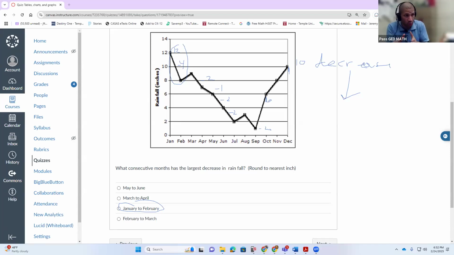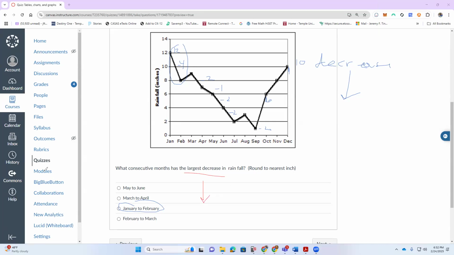The median, you had to go to the amount of each rainfall for each month, put them in order, and then find the middle. And then this one it's very important. What's the largest decrease? Decrease is going down. Increase means to go up. It's not the lowest. It's the amount where it's going down.